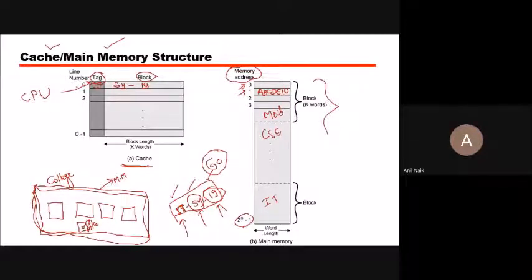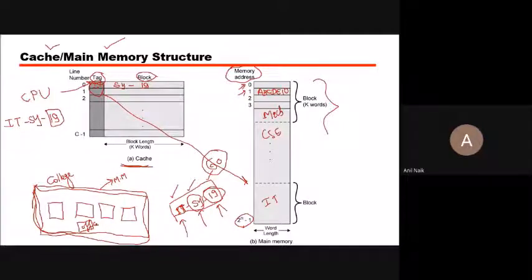If this tag field value is matching here, then good. I'm just taking a general example: this is my address, I have to fetch this data, and the CPU is requesting this data, roll number 19.